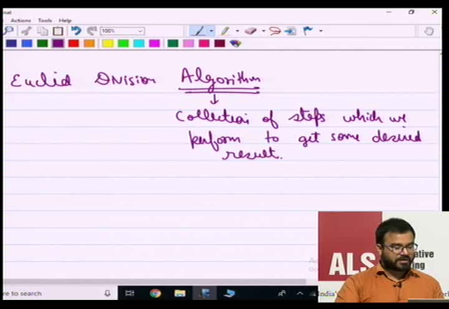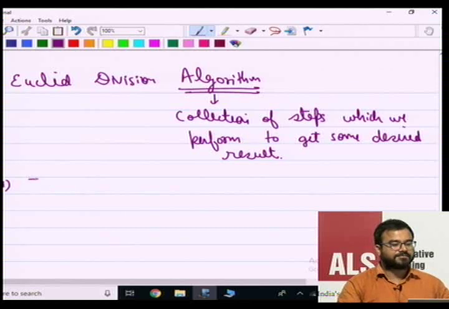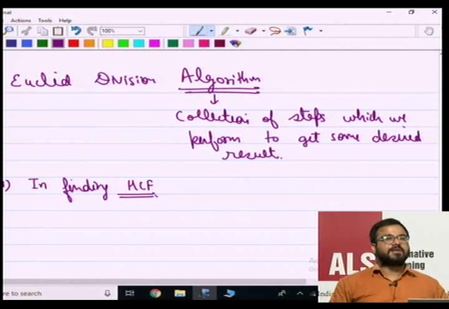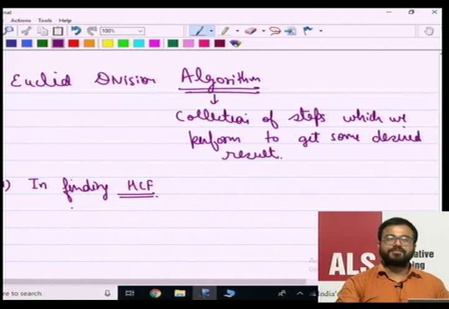So how can we use the Euclid division algorithm to find the HCF? In this Euclid division algorithm, we will take the help of the Euclid division lemma.